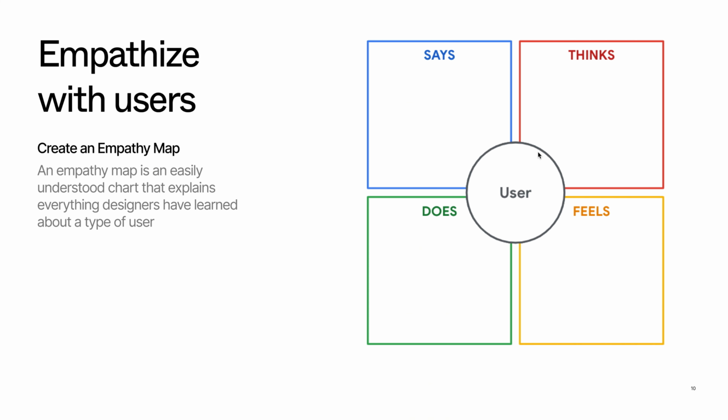You want to create an intersection. Most people feel the same way, and you take note of that. If you have 5 people saying something, you definitely want to put that there. If you have 5 people doing the exact same thing, you want to put that here, and so on. So it just gives you a map of what exactly the users are doing, saying, thinking, and feeling.